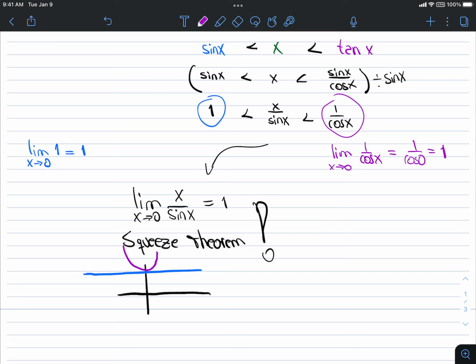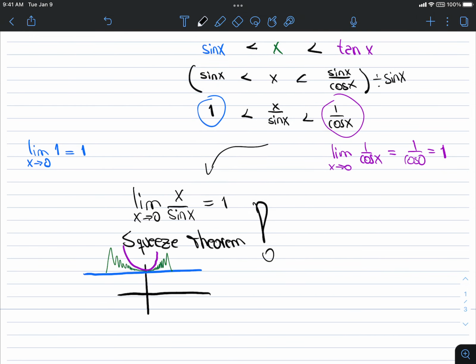They both meet at 1. The green function, the middle one, I don't know how it behaves, but I do know that whatever it does, it's got to stay in between the two. So even if it tries to escape somewhere, it's got no choice but to stay between the two and go to 1. So that's the idea.